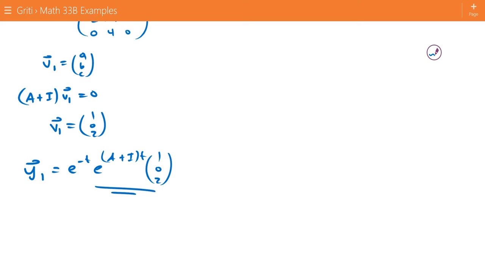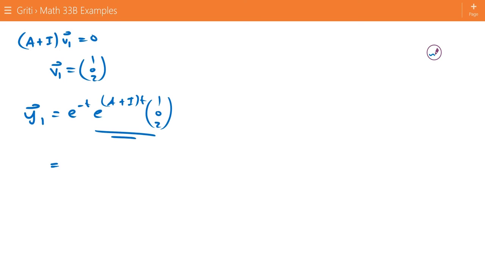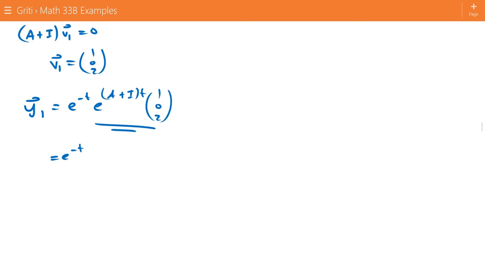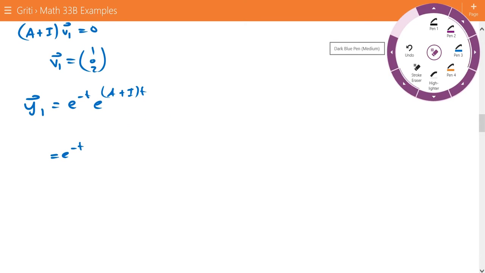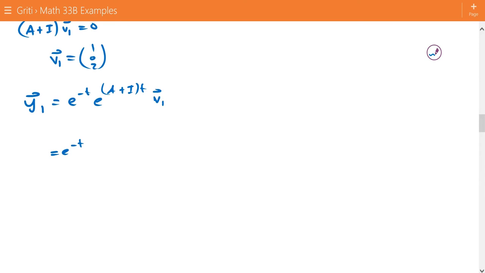So now we've got to find out what this quantity is. We expand out this matrix exponential times the vector, and I'm going to leave this as v1 for now. This is going to give us v1 plus t times (A plus I) v1 and t squared over 2 factorial times (A plus I) squared v1, and so on.